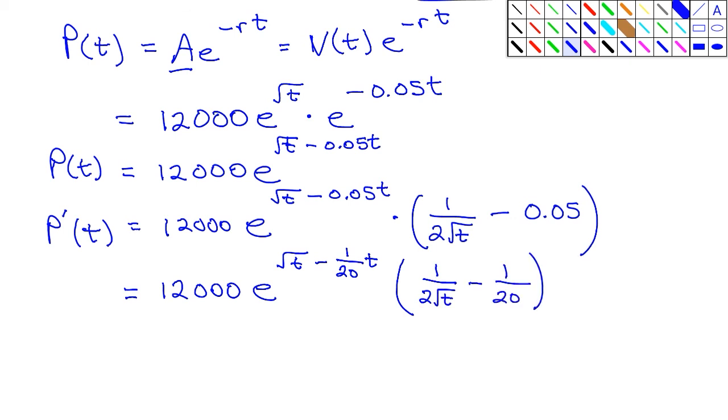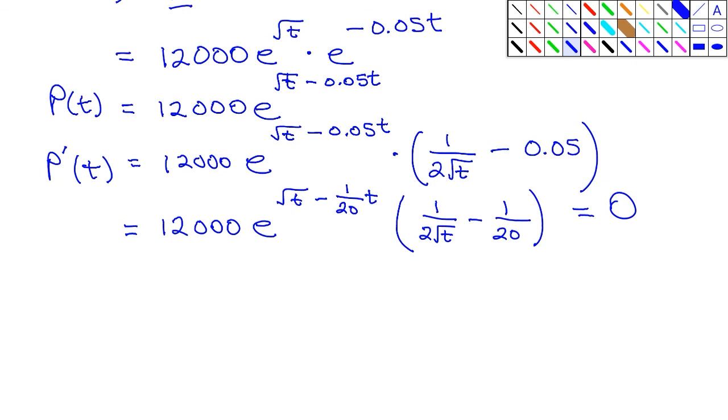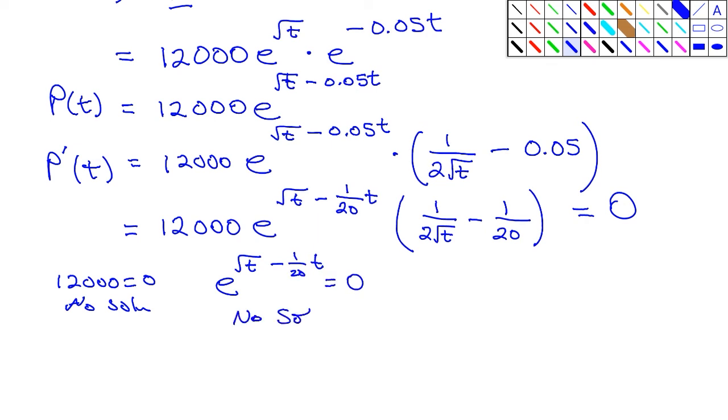All right. Now, to find where the maximum occurs, we need to find the critical values. So we're going to set it equal to 0. Setting this equal to 0, we would get 12,000 equals 0, which is no solution. We would get e raised to the square root of t minus 1/20th t equals 0, which again, no solution.